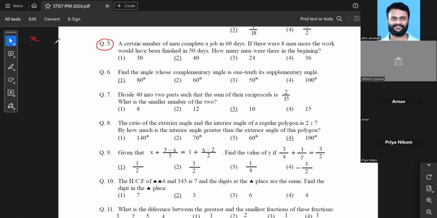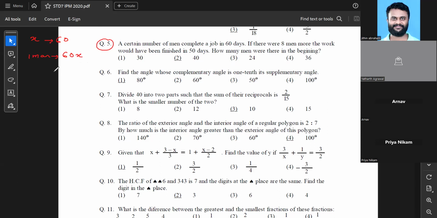Let me assume that X number of men are completing the job in 60 days. If one man was working, simple logic, that man would have taken 60 multiplied by X days.